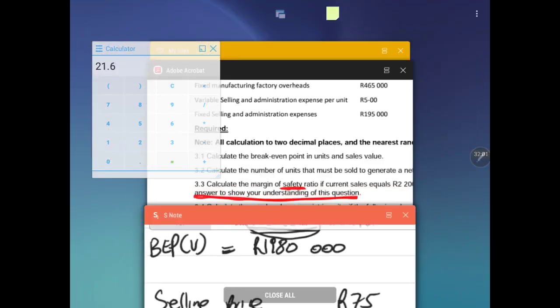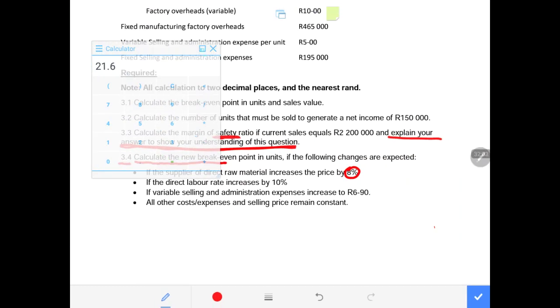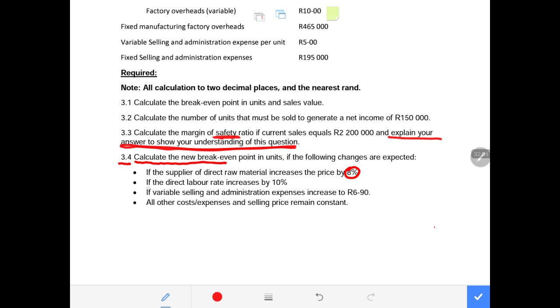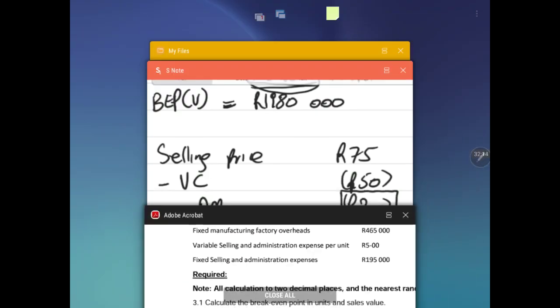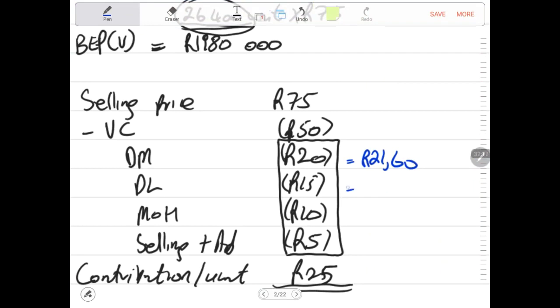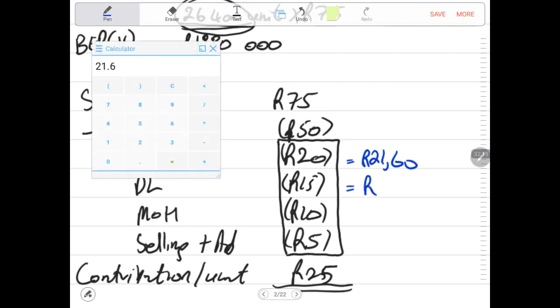Then the second one, assume that the direct labor rate also increased by 10%. So now let's assume that our labor went up by 10%. What happens in this case? It will no longer be the 15 Rand, it will be 15 Rand multiplied by 1.1, which will be 16 Rand 50 cents.